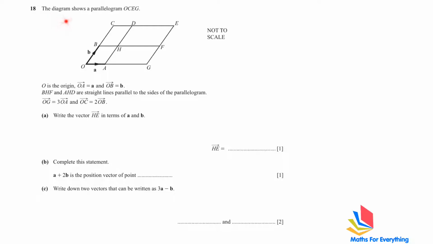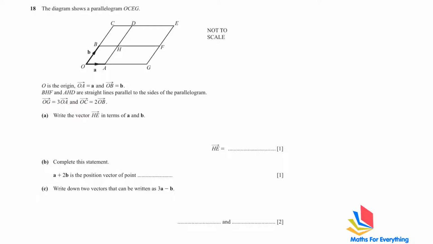Question number 18 is a vector question. The diagram shows a parallelogram OCEG. O is the origin, OA and OB are given to us, and BHF and AHD are straight lines parallel to the sides of the parallelogram.